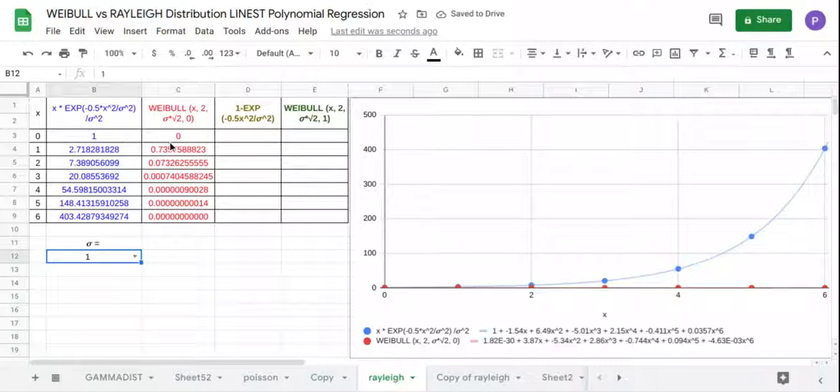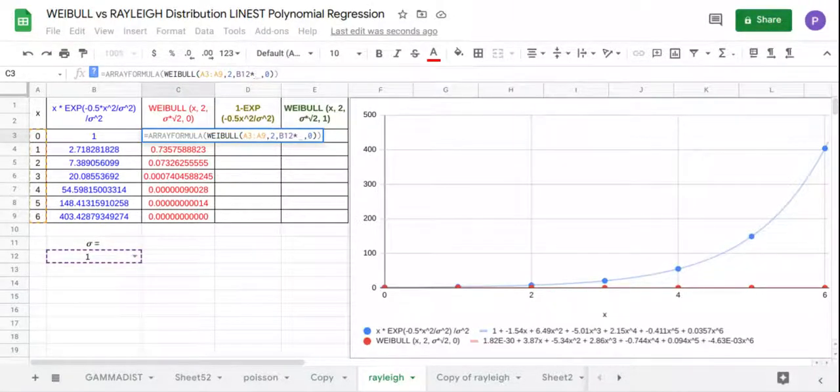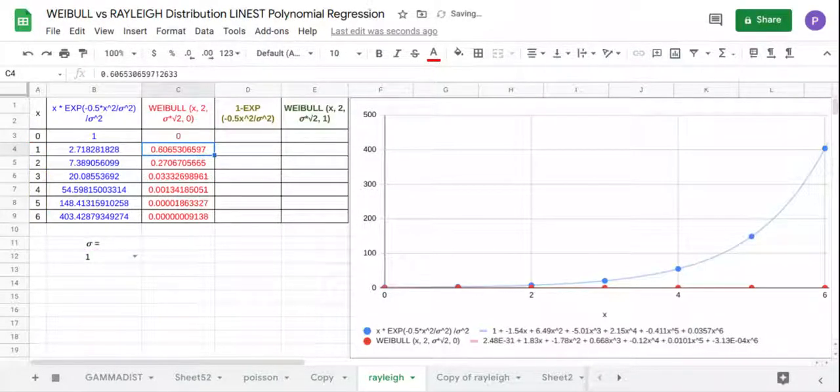And we'll continue with this. There's a square root of 2, so we multiply sigma by the square root of 2. So sigma times square root of 2. And here we modify, starting with the exponent, that is negative 0.5 x squared over sigma squared.